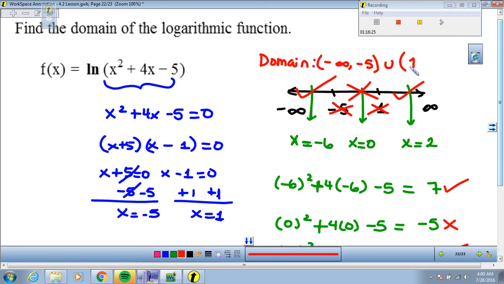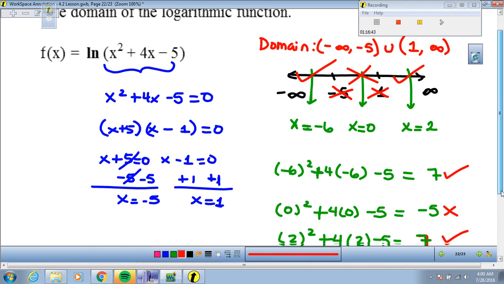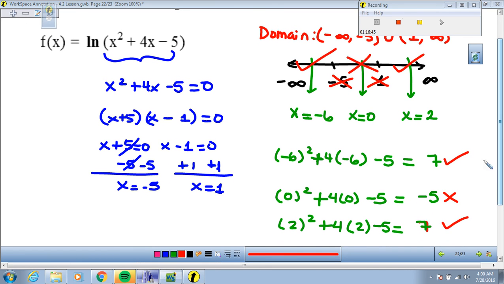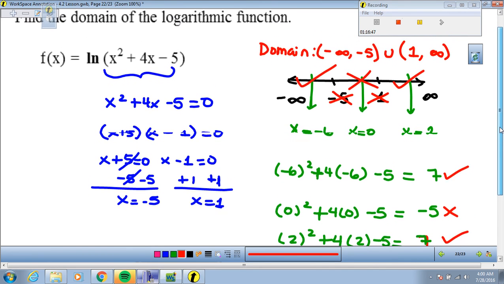So from 1 to infinity. So with this, you're saying that you can substitute numbers into the x's that are in between negative infinity and negative 5, or in between 1 and infinity, but never using the negative 5 or the actual 1. Okay? And that's how you find the domain of a function like this.